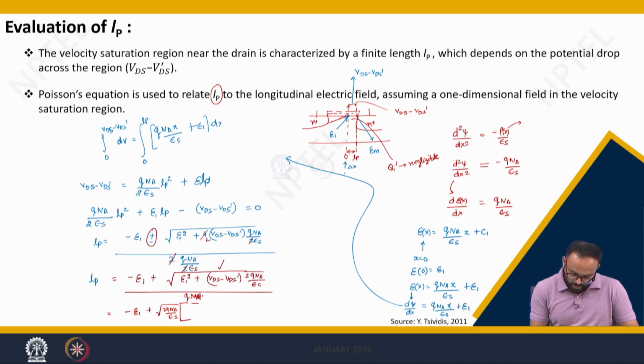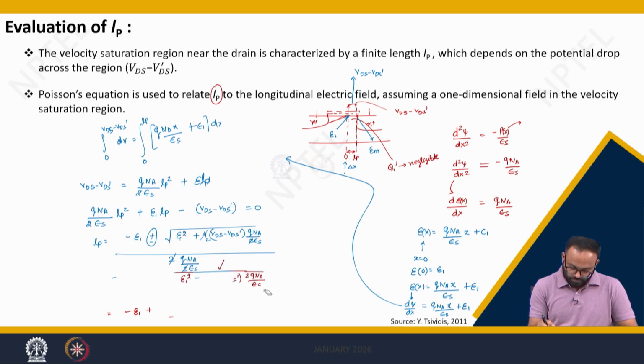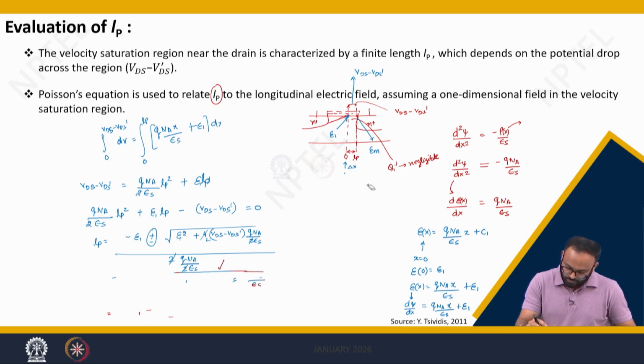Q into NA divided by epsilon S. Now here you will get square root of 1 plus VDS. So for the sake of simplicity I am solving here. This will give you LP is equals to, take minus E1, now this is plus, take square root of 2 Q into NA into 2 divided by epsilon.